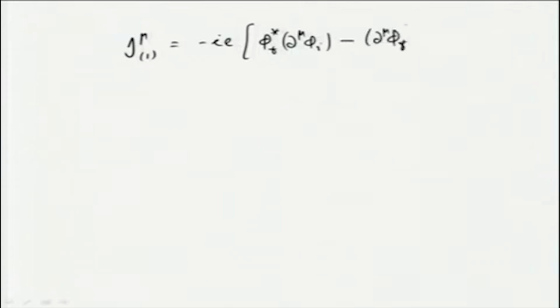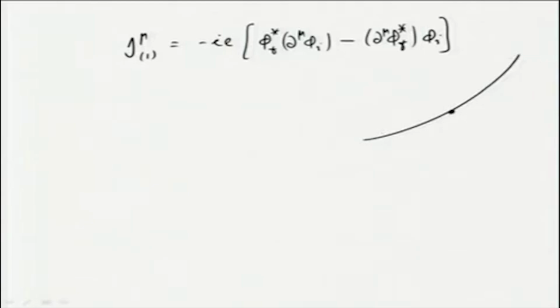Let us come to a more proper understanding. Let us consider j mu 1. I can write it as minus I e phi f star dou mu phi I minus dou mu phi f star phi I. So, this is the current due to a particle.